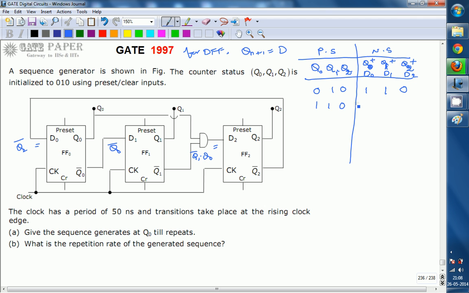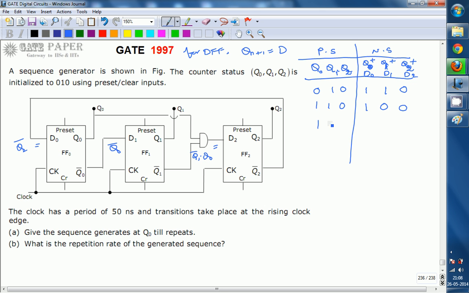D0 is Q2 bar, Q2 is 0, so you get 1. D1 is Q0 bar, 1 bar is 0. D2 is Q0 into Q1 bar, Q1 is 1, so you get 0. So you get 100.